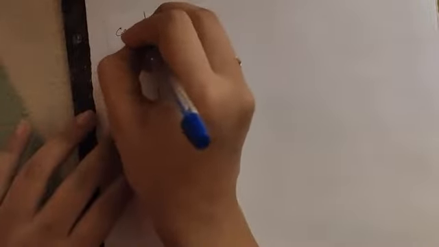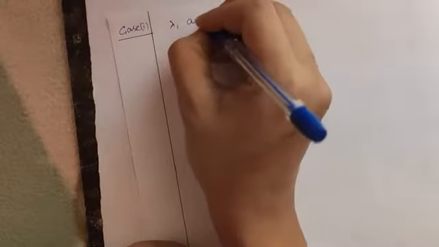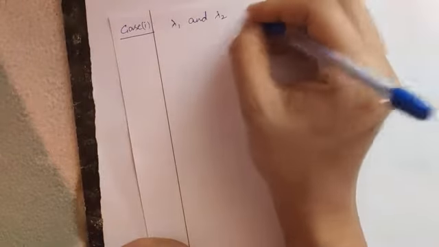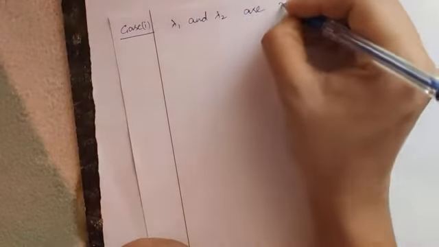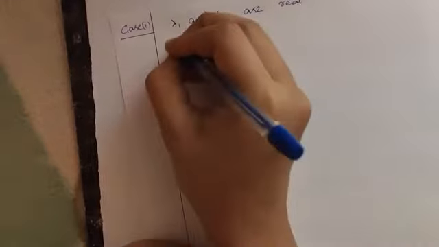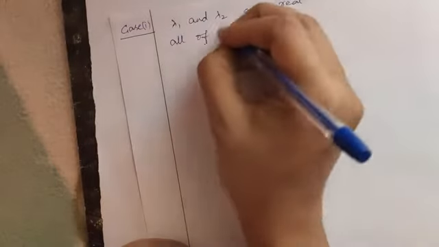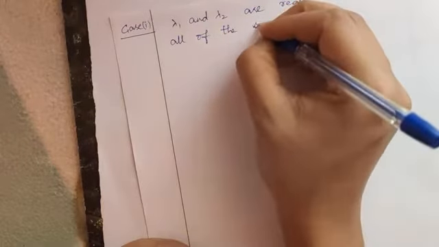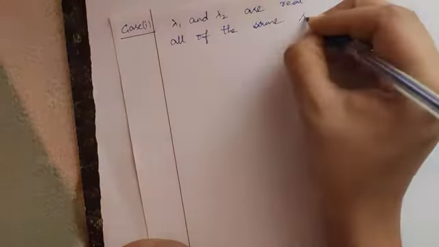So case 1: if the roots of the characteristic equation, lambda 1 and lambda 2, are real and distinct and of the same sign. I will give an example for this.